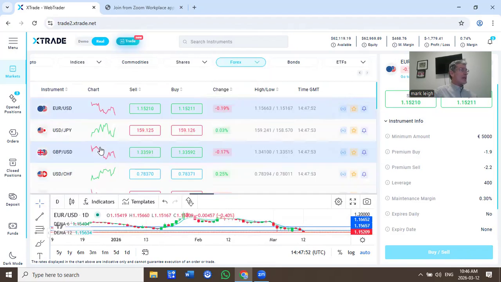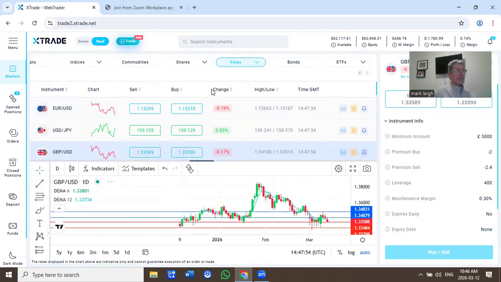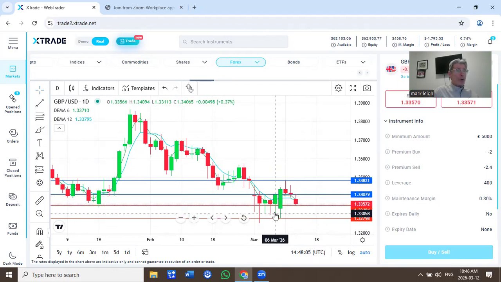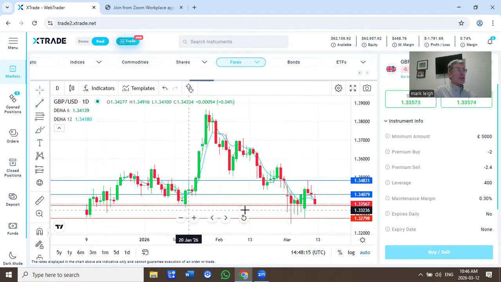Pound against the US. Similar pattern, three consecutive lower highs, lower lows, pound being sold off against the US right now. I've got support at 133.56. I've got resistance at 134. You can see what a tough support level this is.